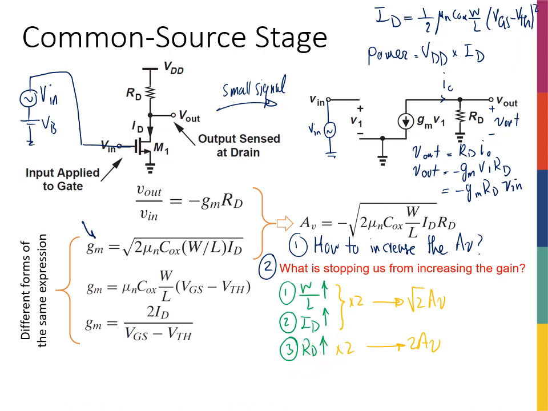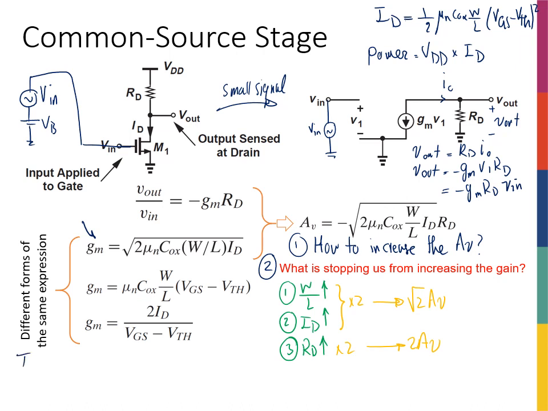Now, there's another thing that I have to consider when I'm increasing RD, and I've hinted at that in the previous slides. For this transistor to be working like an amplifier, and for me to even draw the small signal model, first I have to make sure that my transistor is working in the saturation region, right? What's the condition for saturation?